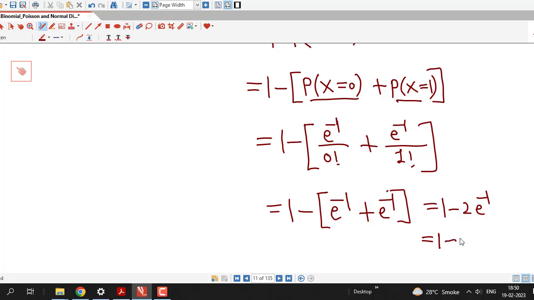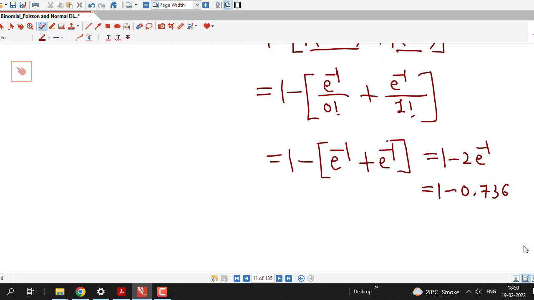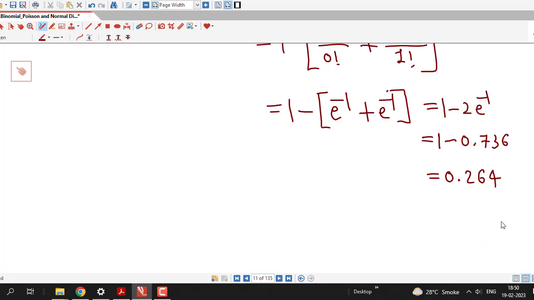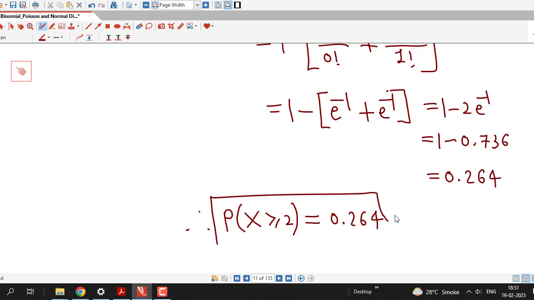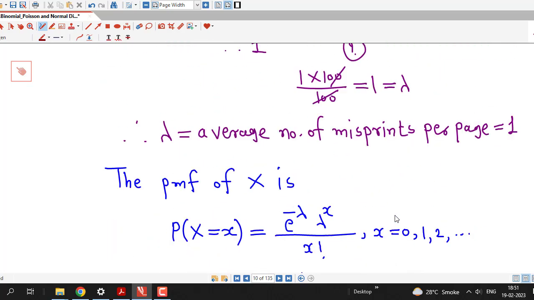If I use my scientific calculator, I have to press the button shift e minus 1, that will give me e raised to minus 1 into 2, that is 0.736 up to 3 decimal places, and so the answer is 0.264. Therefore, the required probability that a randomly selected page contains at least 2 misprints is 0.264. So in this way we can easily answer this type of question.